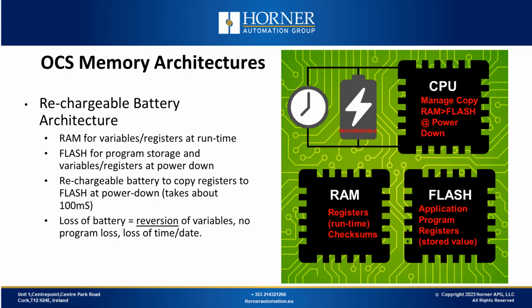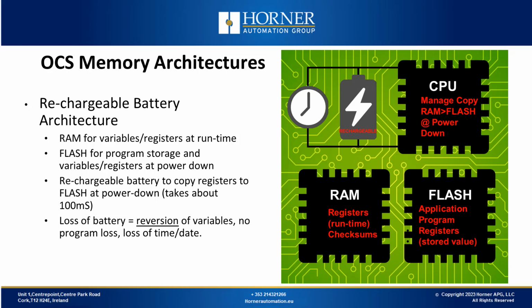In this setup, RAM stores runtime variables. Flash handles application storage. When power is disconnected, the power management chip allows the system to run on battery for a brief period. During this time, the CPU copies current registers and variable values from RAM to flash, taking about 100 milliseconds.